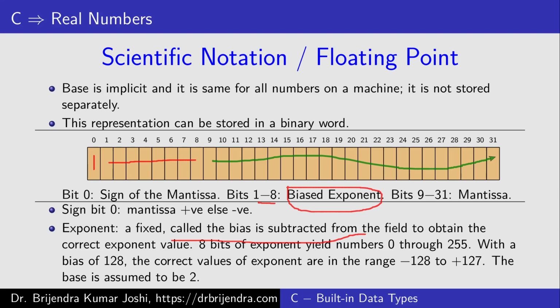So here 8 bits of exponent yield numbers 0 through 255 with a bias of 128. If we subtract 128, correct values of exponent are in the range minus 128 through plus 127, both inclusive. And as I told you, the base is assumed to be 2.